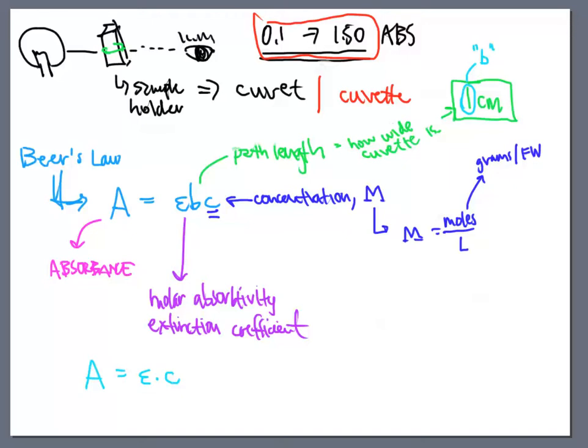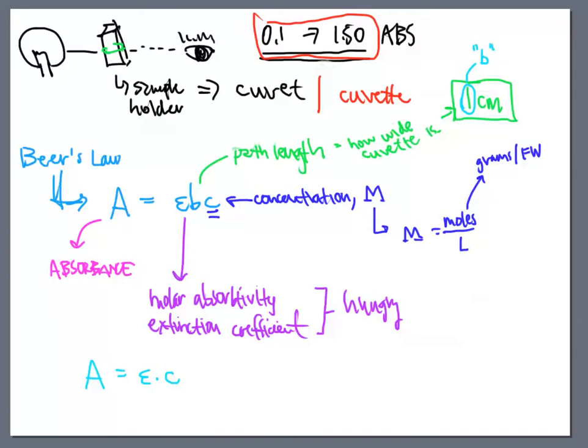So now I've got to talk about this molar absorptivity number. What does that mean? Well, molar absorptivity is how hungry these compounds are. Certain molecules are introduced into the machine and they put a little bit of their favorite food onto a plate and they go and they eat it and they're happy. Other molecules go through the buffet line and they put a lot of their favorite food onto the plate and they go back to their table and they're happy.